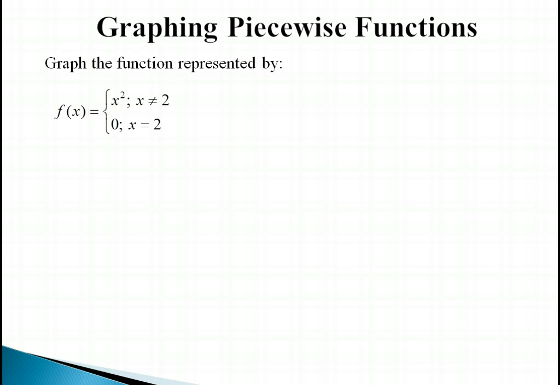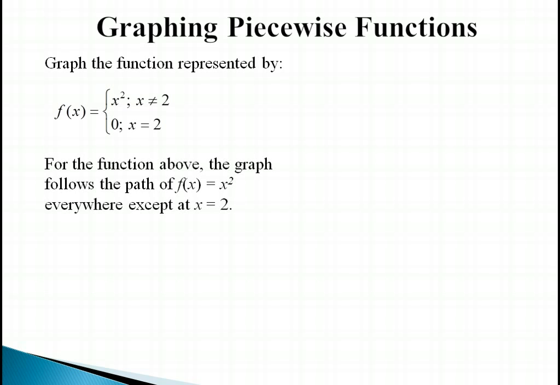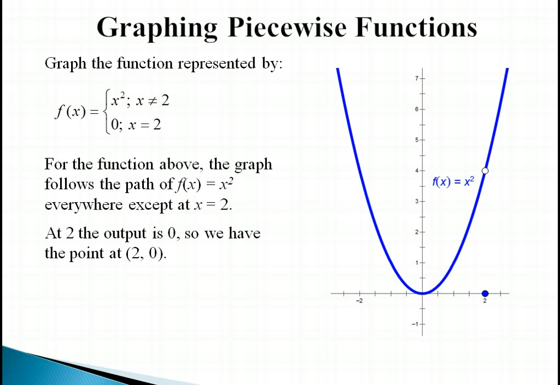Okay, let's do one that involves a quadratic. So for this particular one, you're going to follow the path of x squared for any x values that are not equal to 2. So it's going to be x squared everywhere except at x equals 2. So that's causing us to have a little bit of a hole in our graph at 2, 4, which we normally would have if we plug 2 into the x squared graph.